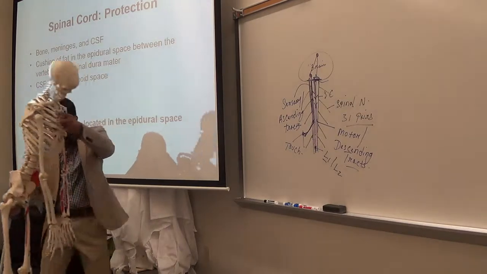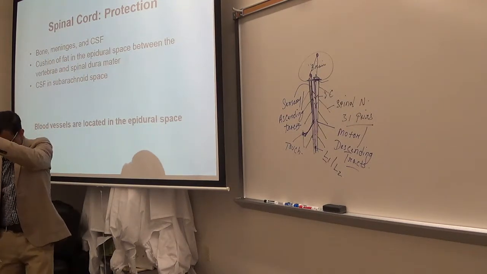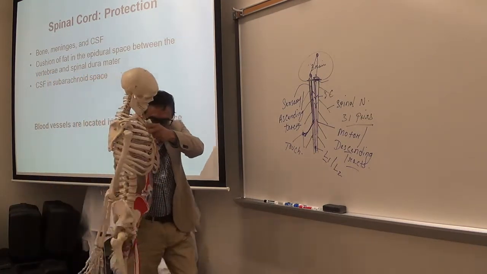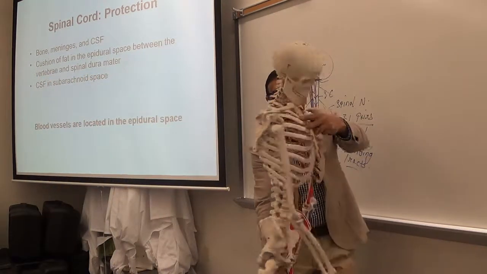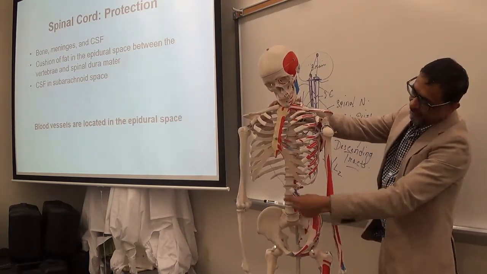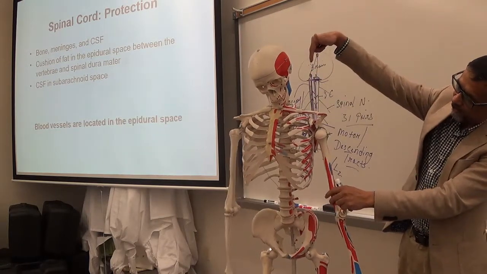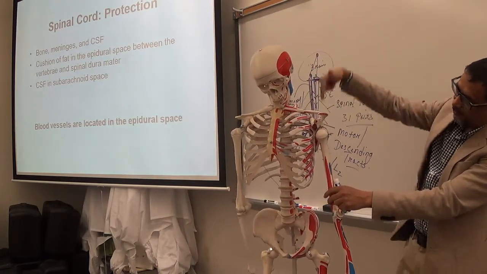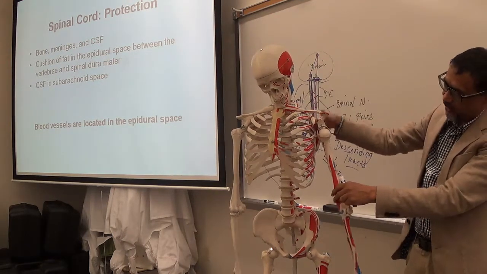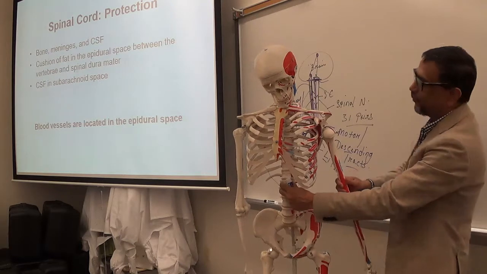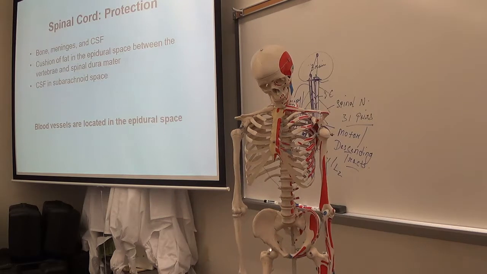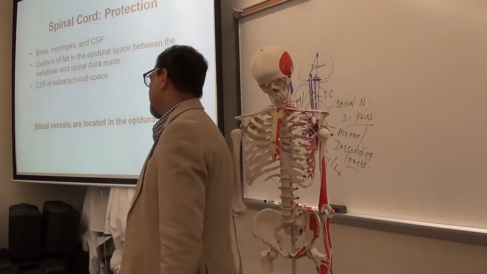Inside the vertebral column you have a canal, the vertebral canal. So the spinal cord is located inside the vertebral canal. That means the bones, the vertebrae, protect the spinal cord.